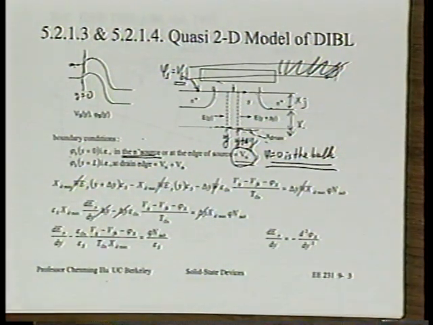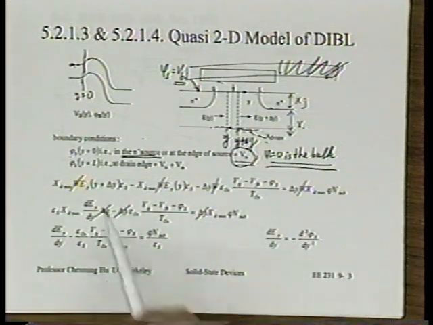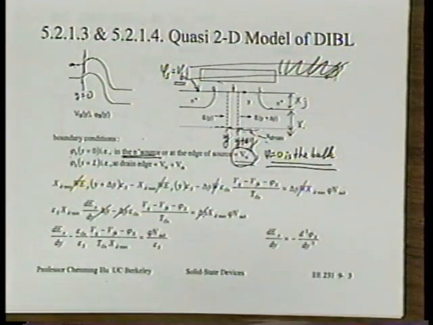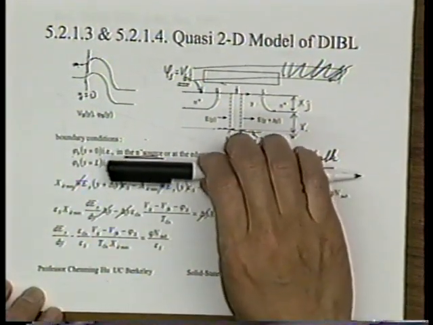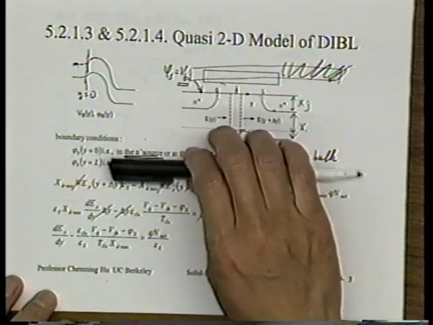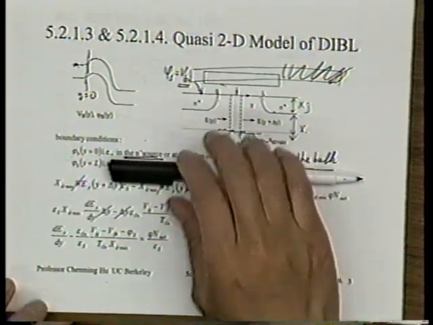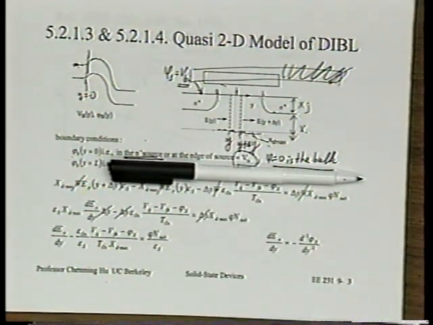All right. Other questions? All right. So, well, you answer this question. At y equal to L, what is the potential in the N plus drain? Start with the potential in the N plus source. You know that already.